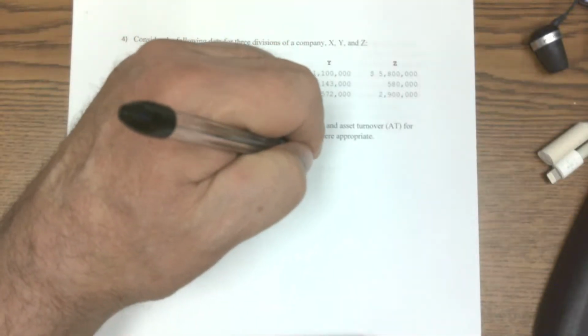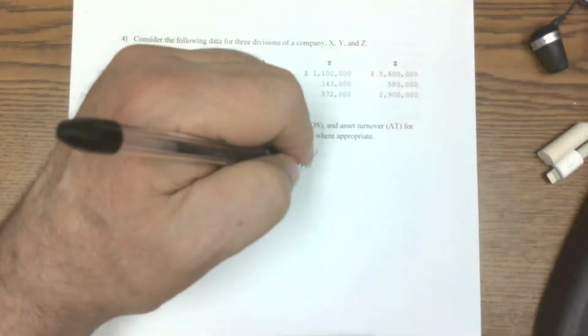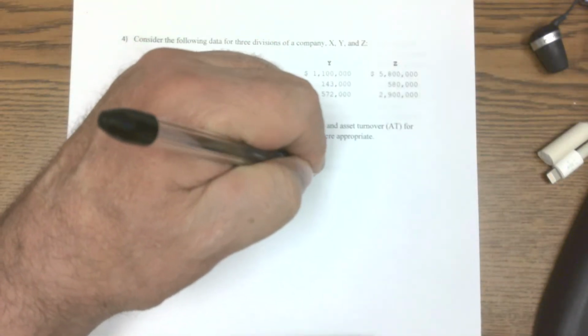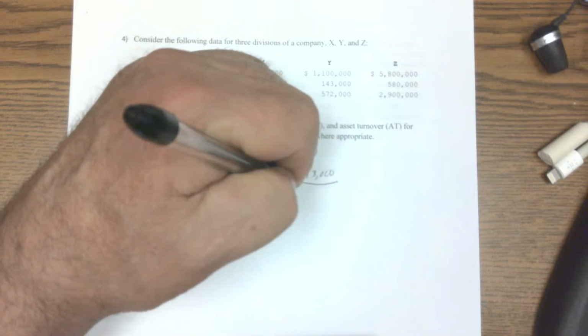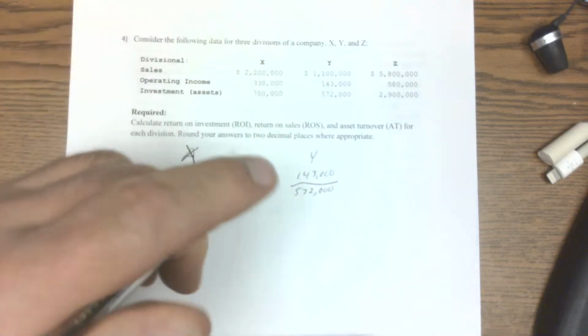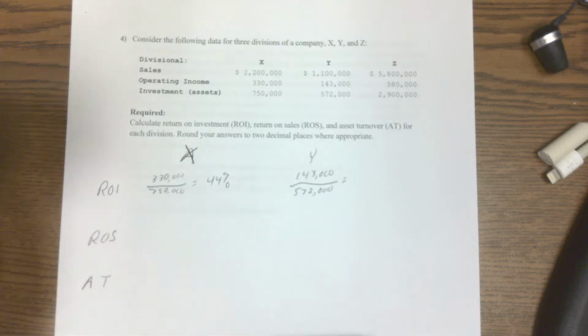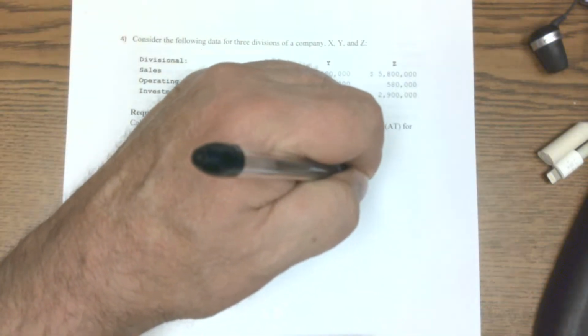For Y, that's going to be 143,000 divided by 572,000, and that's going to be 25%.